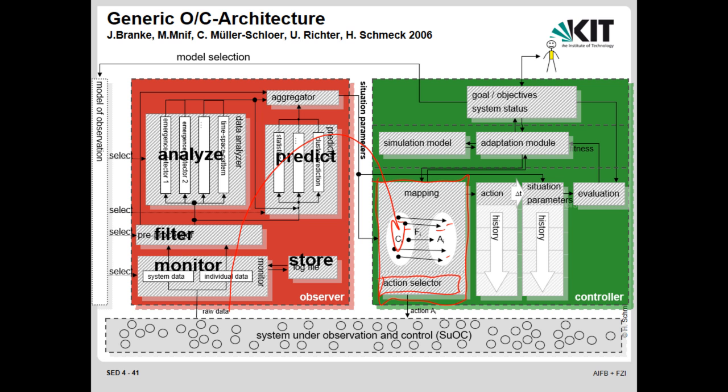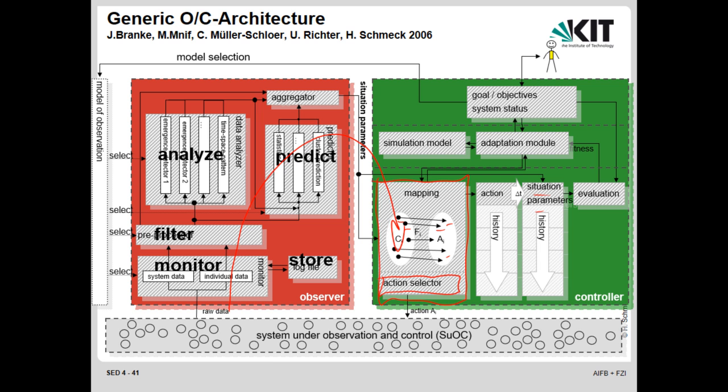And now we would like to know whether what we have selected as an action actually is adequate. So how can we find out about that? We just store which actions we have selected. We store what we have seen before, like the situation that actually led to selecting that action.